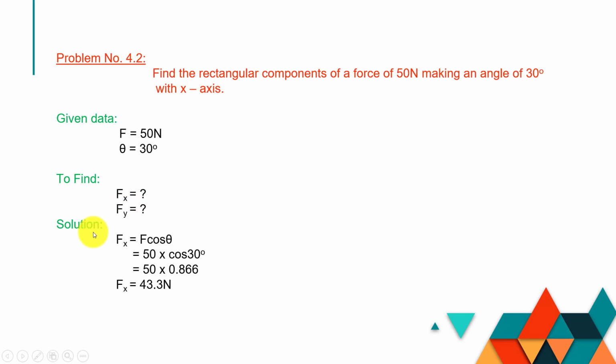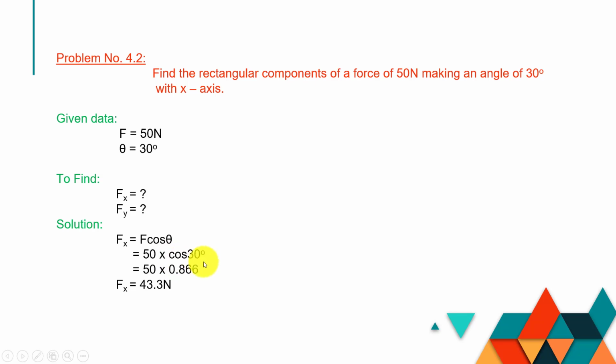Now the solution is, as we already know the magnitudes of the mutually perpendicular components, by putting the formula Fx equal to F cos theta, we can get the value of Fx. We have the value of force and we also have the value of theta. Now we get Fx equal to 50, the value of force, multiplied by cos 30 degree. 30 degree is the angle.